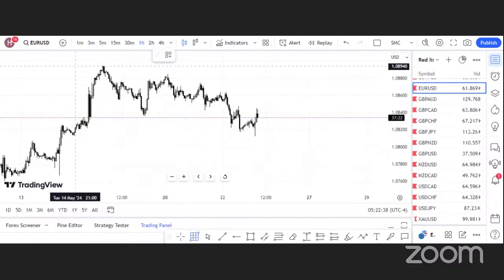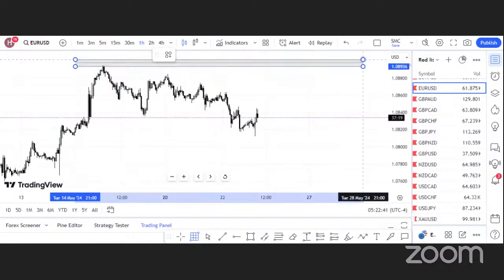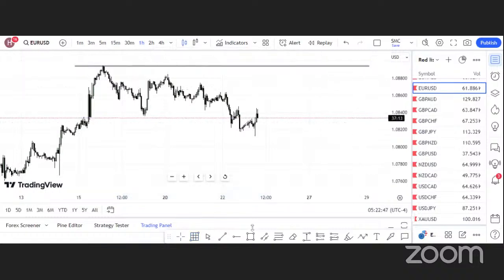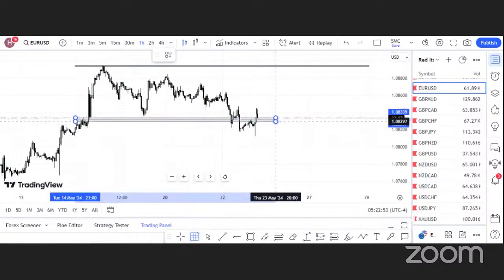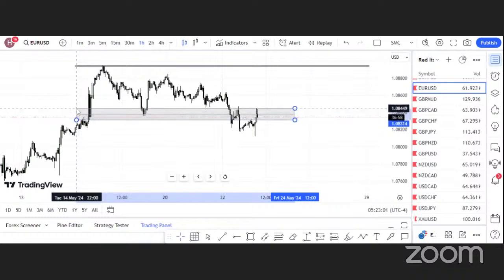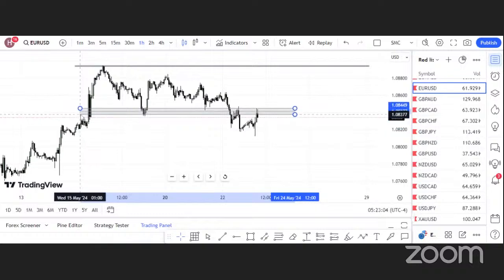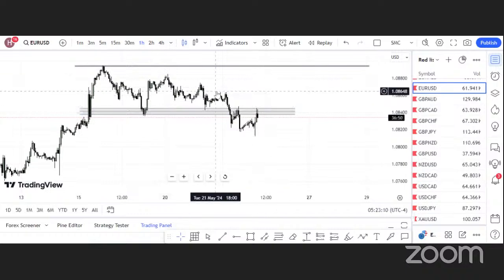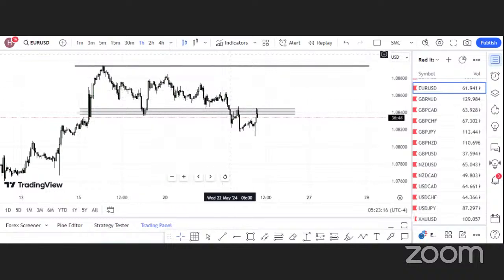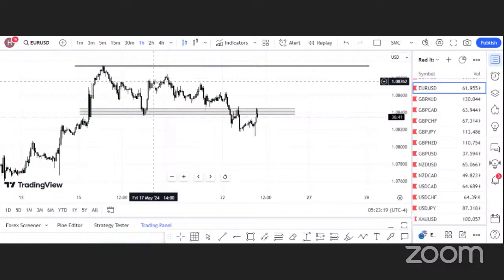Okay, we have a resistance zone here, and then we have the support zone right here. So we have the resistance zone here, but the market failed to come back into this resistance zone before moving down.